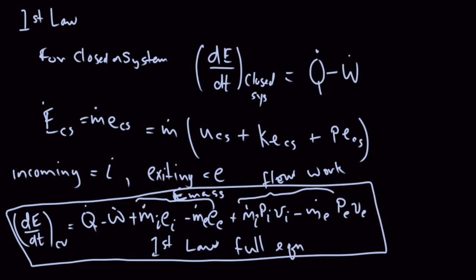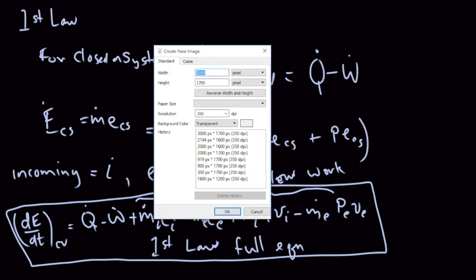Okay, let's go ahead and start a new page here. Maybe we'll transition to a new color just to change it up. If you were familiar with what we did in the previous chapter, we identified what enthalpy was.